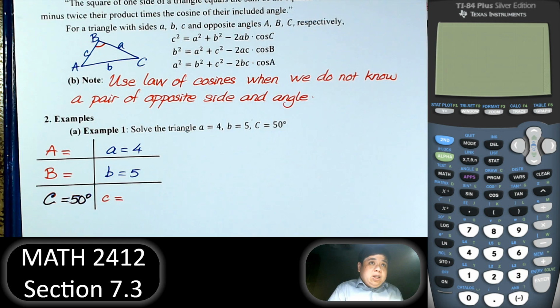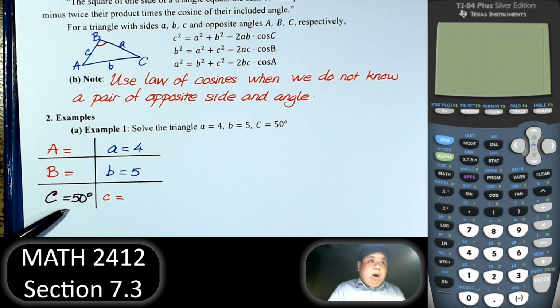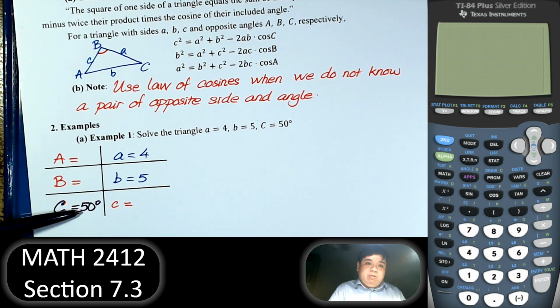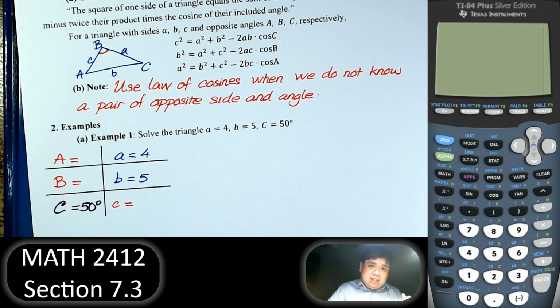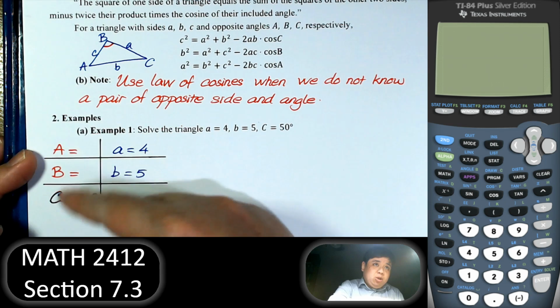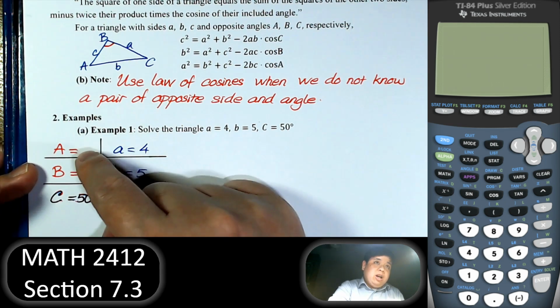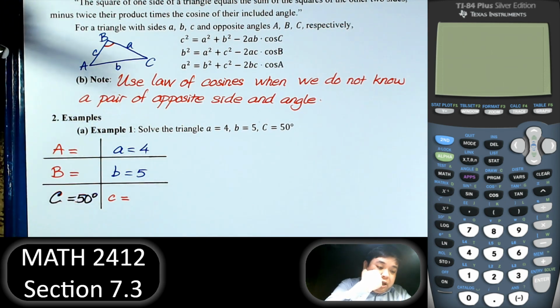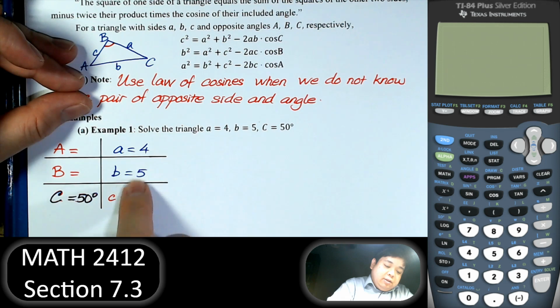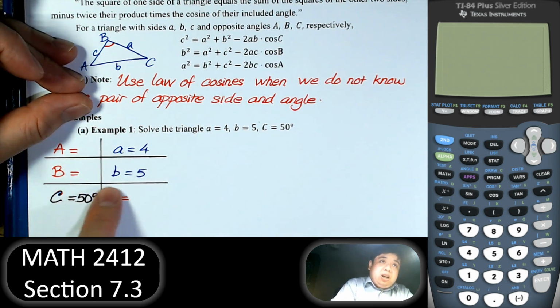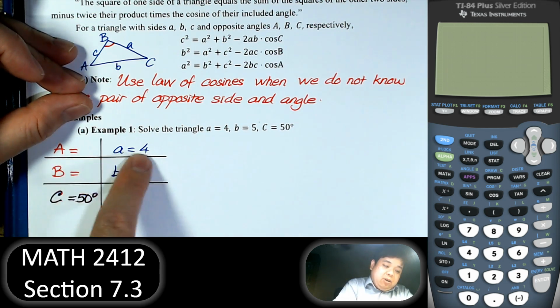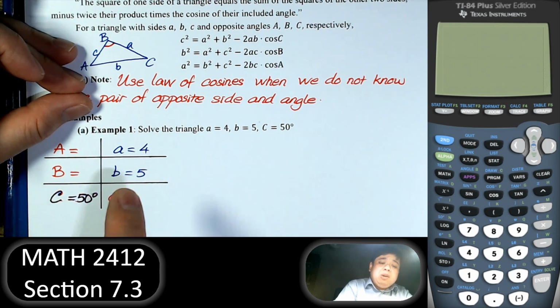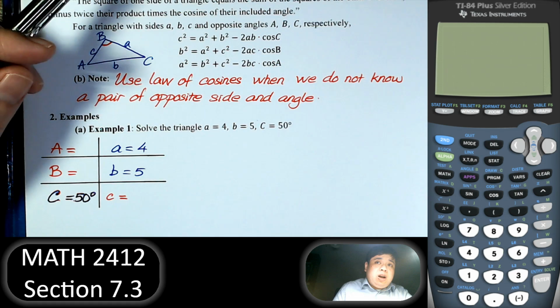So we only know one angle, so we cannot find the other two yet. Adding them up to 180 doesn't help us to find A and B. So here we don't have a pair of opposite side and angle. Because of that, we have to use the law of cosines here.